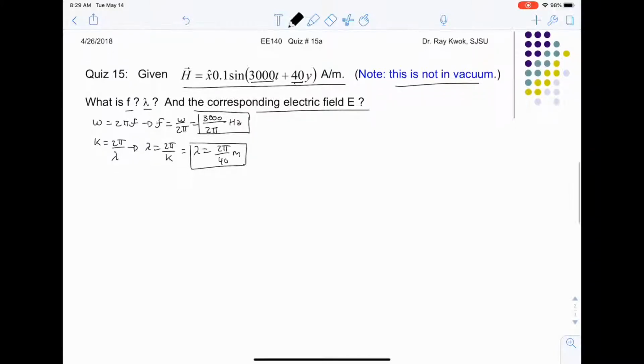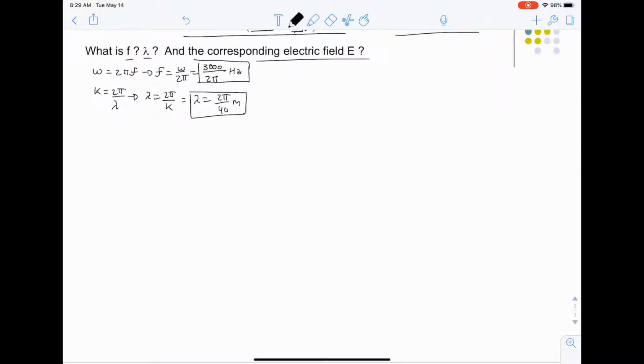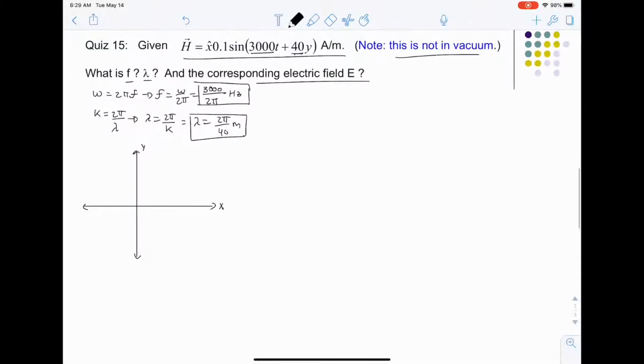And to solve for the E field, we can draw axes over here. I'll call this my x-axis and this my y-axis because I'm given x and y over here.